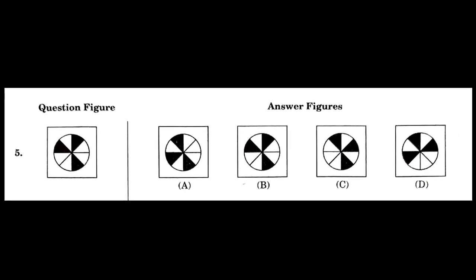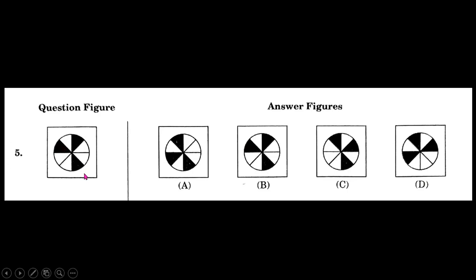When we look at these answer figures A, B, C and D, all of these are circles made into some parts by drawing diameters, and we find three parts are black in all of the figures and remaining are in white. But we need to find which of these answer figures is exactly same as this question figure.